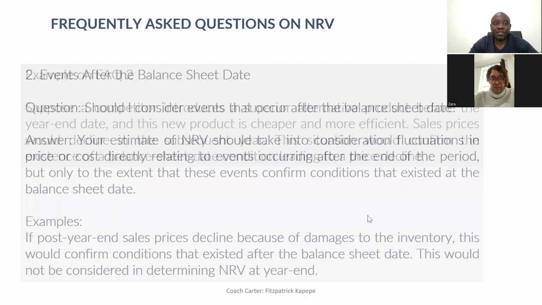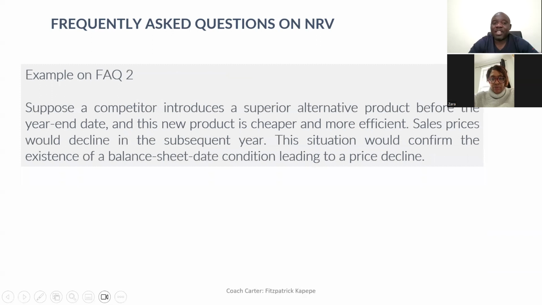Example, suppose a competitor introduces a superior alternative product before the year-end date, and this new product is cheaper and more efficient. Sales prices will decline in the subsequent year because of that, obviously. This situation would confirm the existence of a balance sheet date condition leading to a price decline. Therefore, it has to be factored into the NRV.